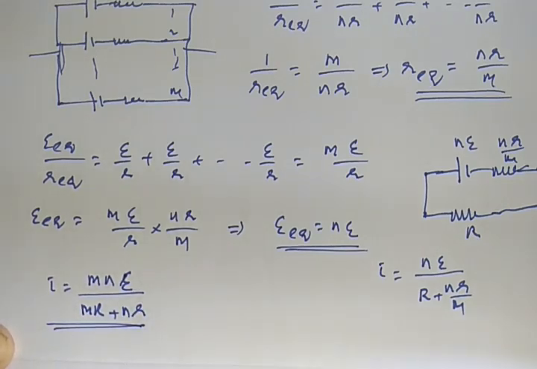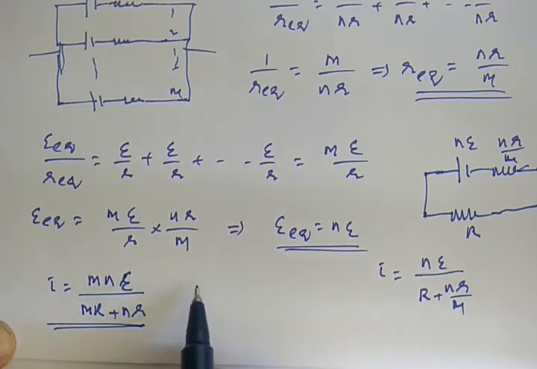Now you can also guess the condition for maximum current. I can be maximum when this value is equal to that value. If this one is greater than that one, you get a small I. If this number is greater than that number, you get small I. If this is equal to that number, then you get maximum current.